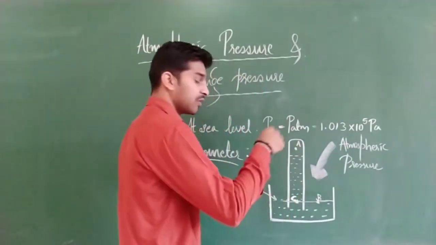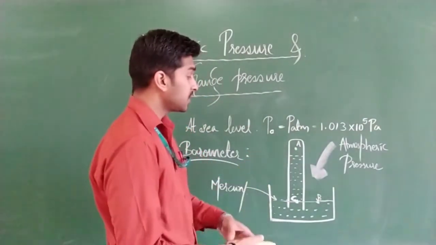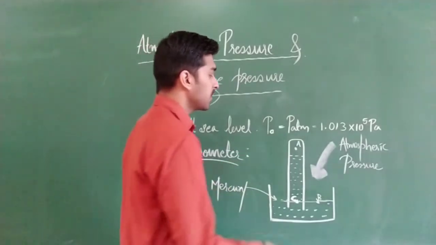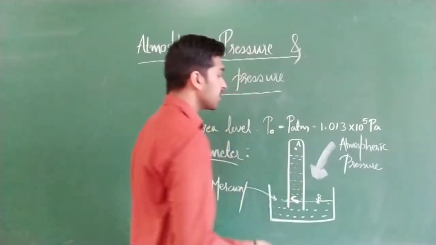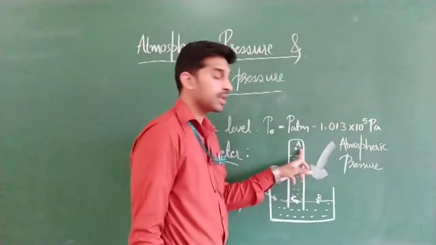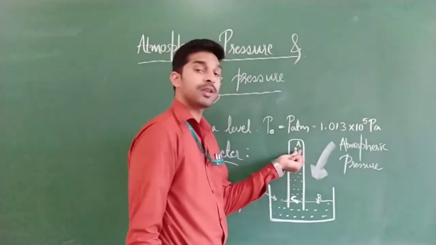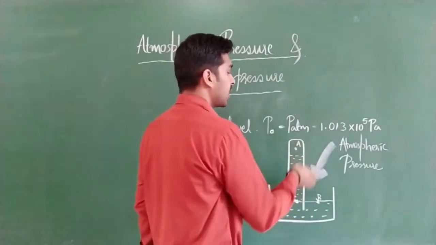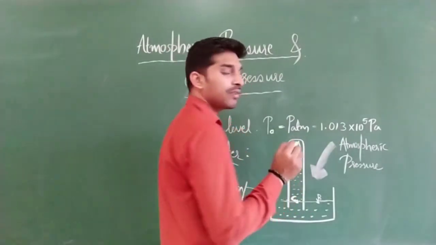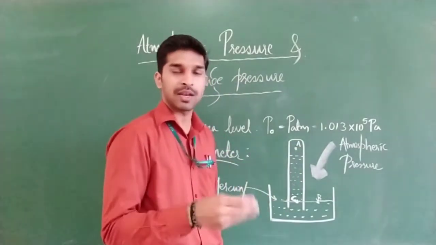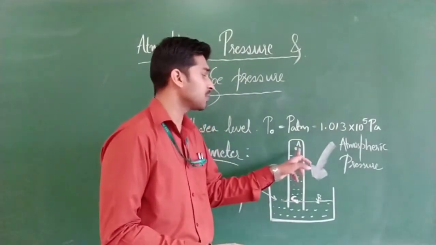And at point A, what will happen? First of all we filled mercury, then we inverted and then we left. At this point it will come and stop. But what is this point A? Here actually vacuum will be present. In some books they will tell that vapours of mercury will be present, having a very small, negligible amount of pressure, practically zero pressure.